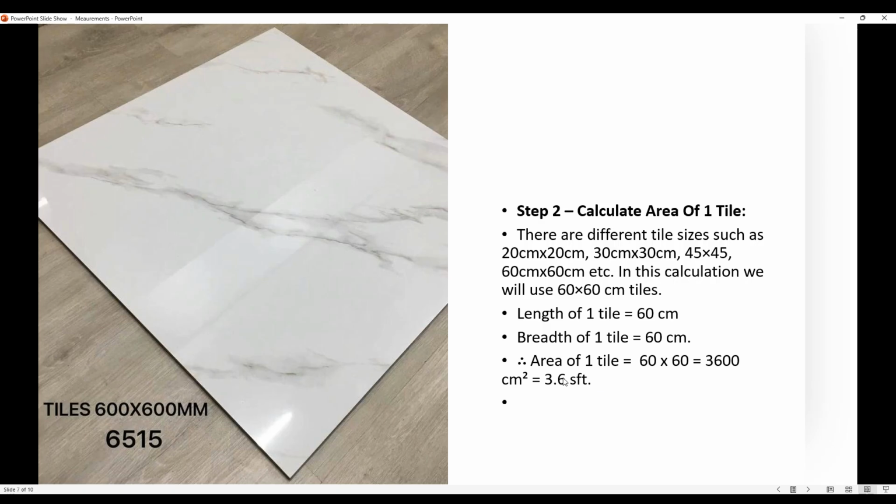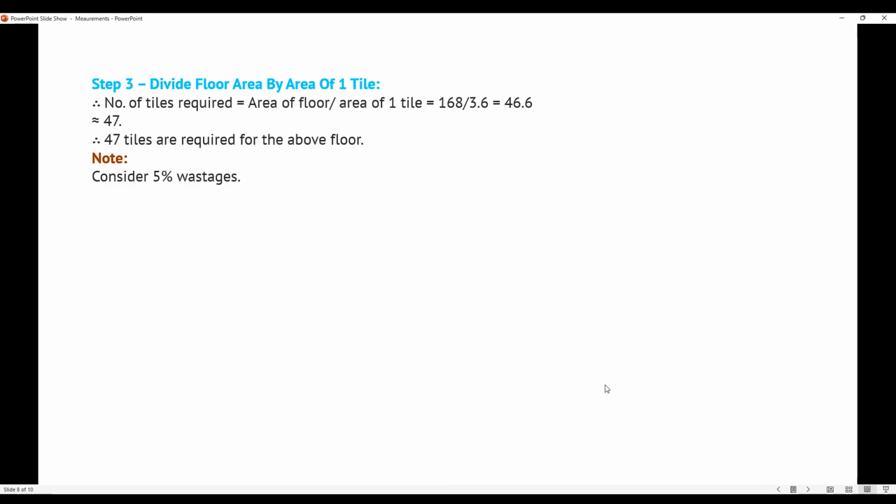In order for you to convert from centimeter to feet or foot, you can go online and find these converters. If you type in Google, centimeter to foot converter, you will find it. So now we know that the area of this tile is 3.6 square foot.